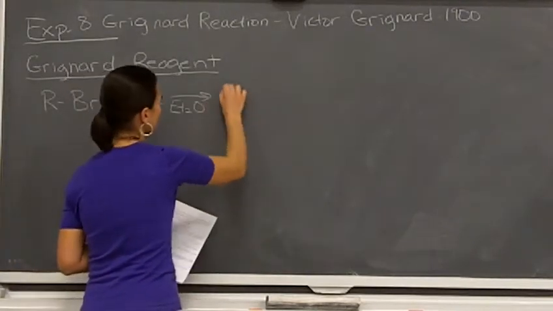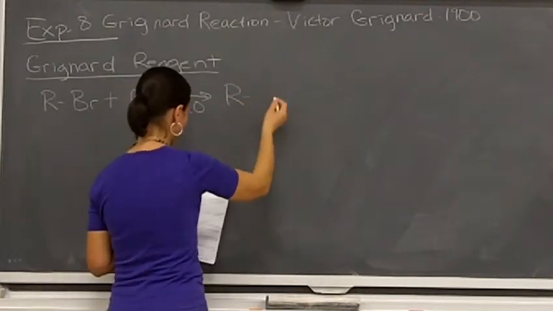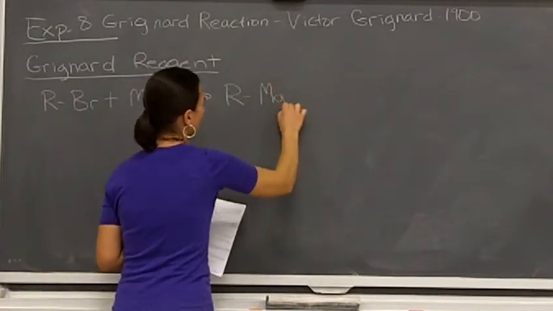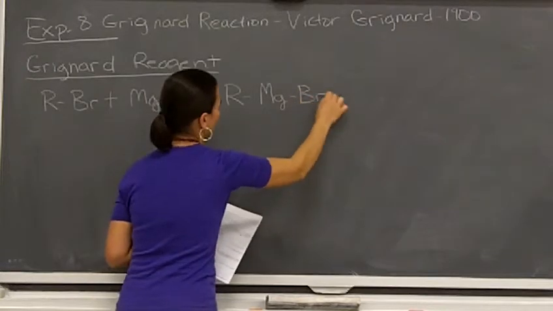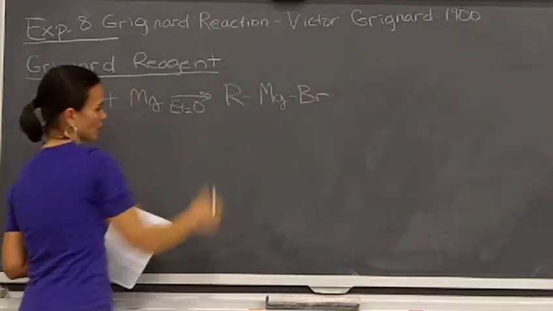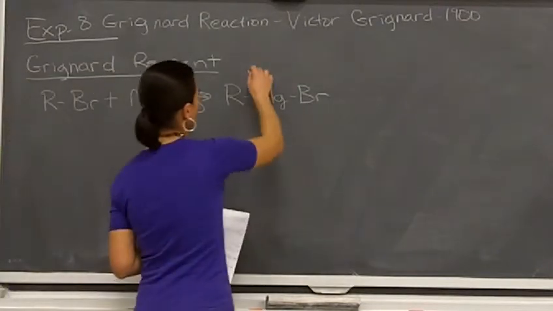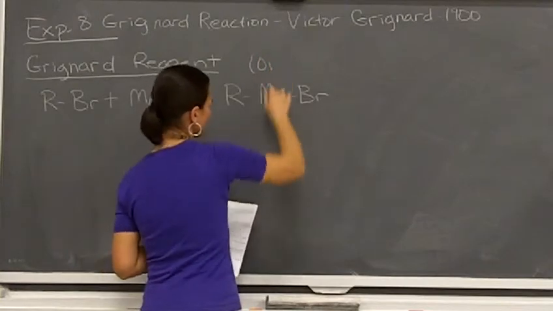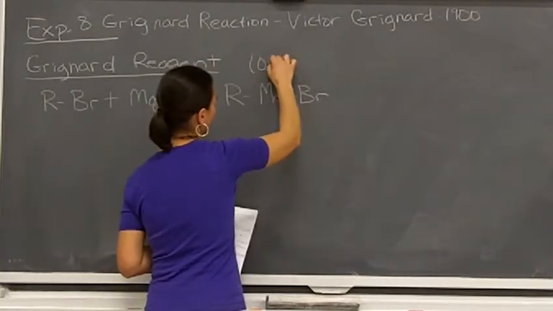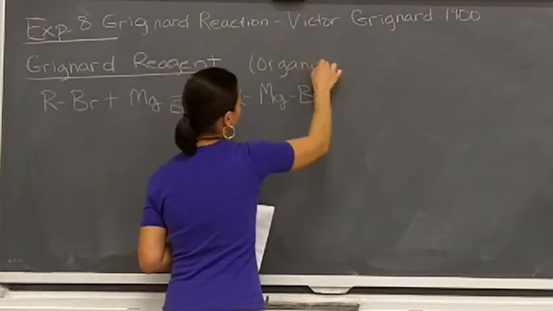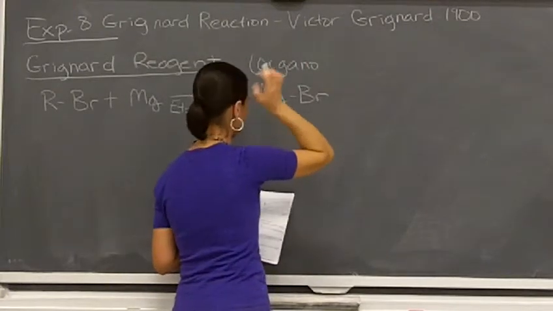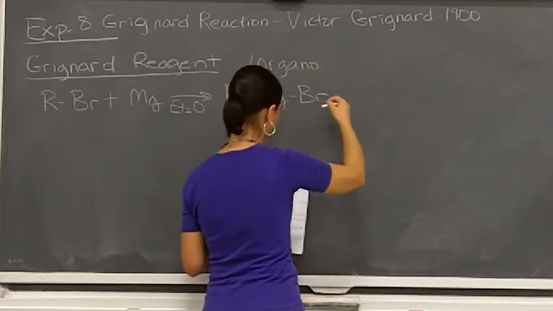But what happens is you make this reagent that involves actually kind of an insertion here of the magnesium into our alkyl bromide. And so this guy right here is known as an organomagnesium halide, and in this case bromide.